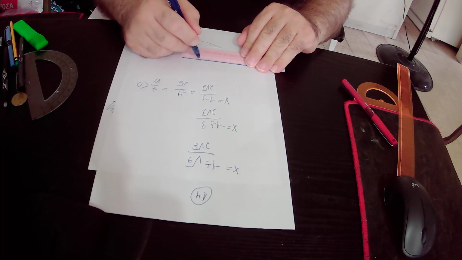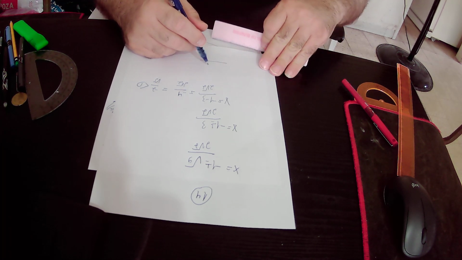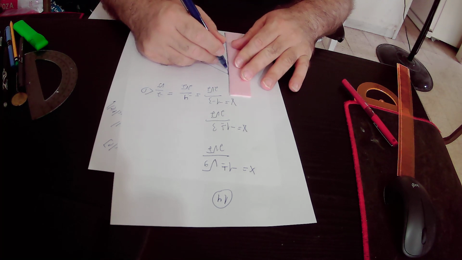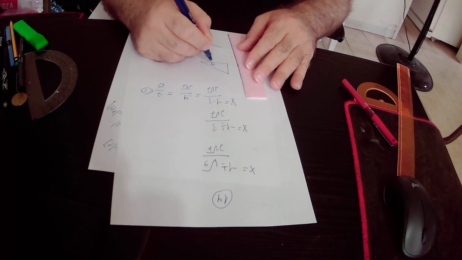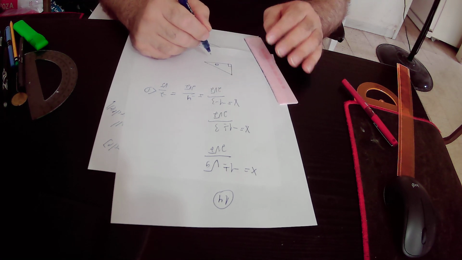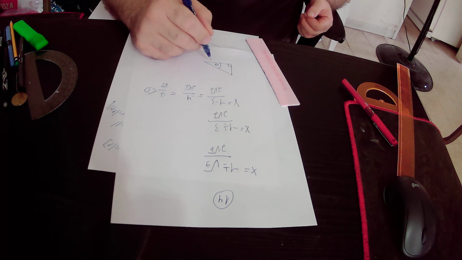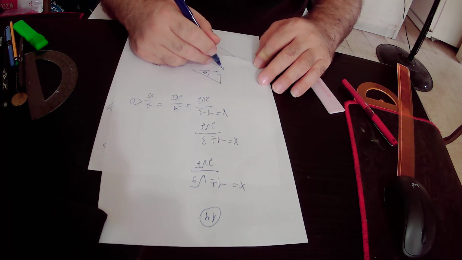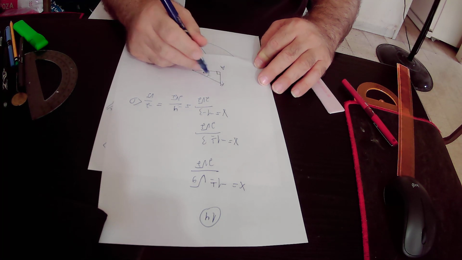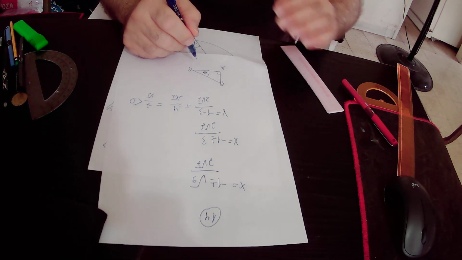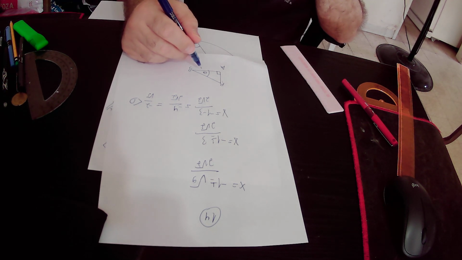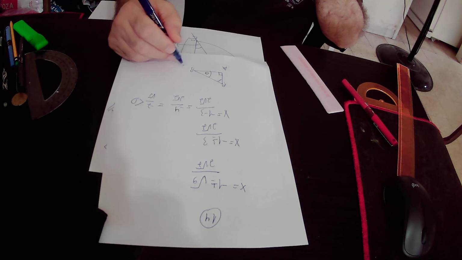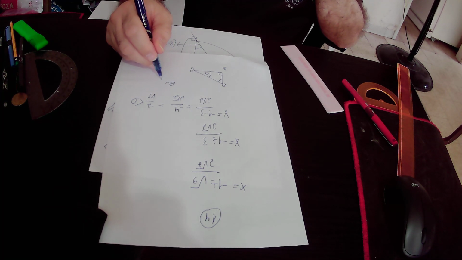So in the right triangle APB, we know that theta plus angle APB must be equal to 90 degrees.